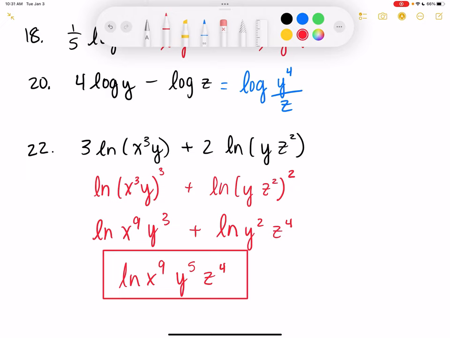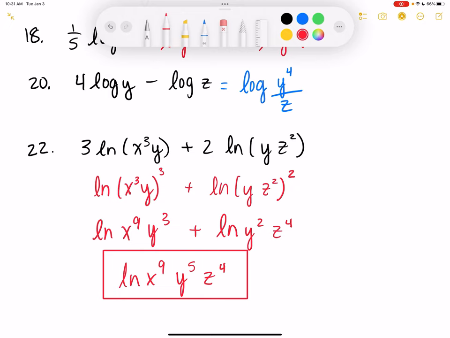Does anybody think they have an answer? I have an answer, but I don't know. All right, what answer do you have? I'll say it. I have ln. I know that part's right. No pressure, but if at least one of you gets it right, I'll give you a cookie point.